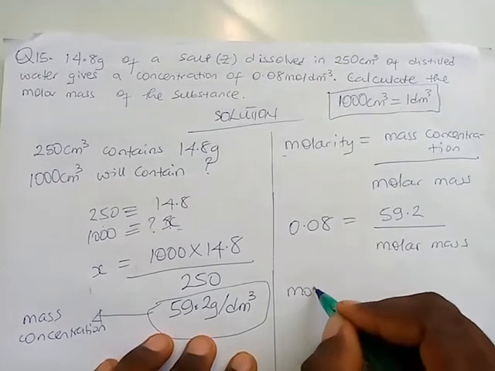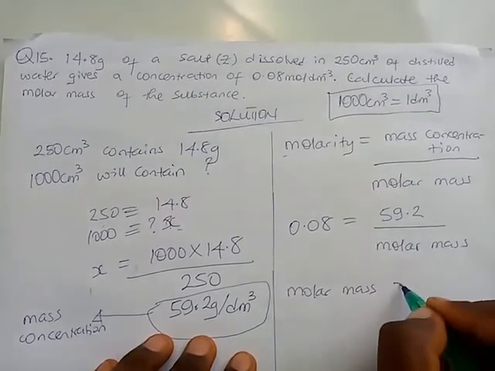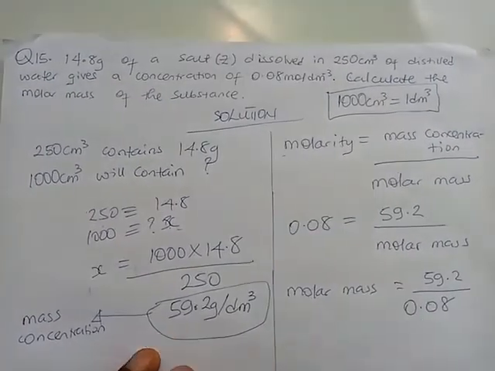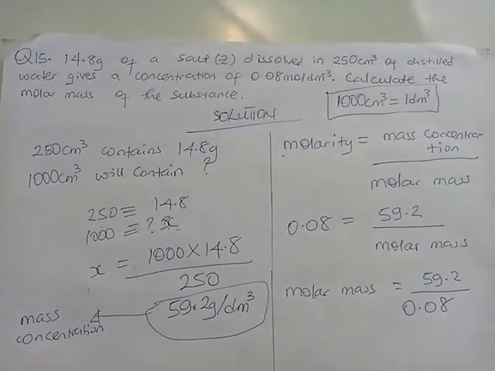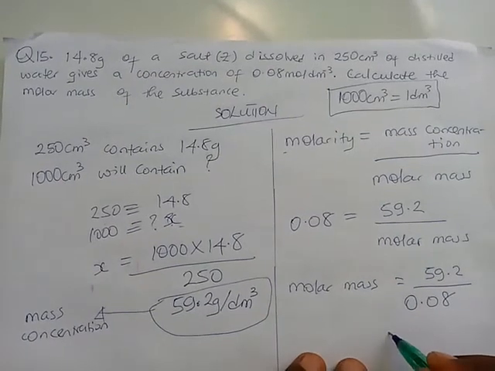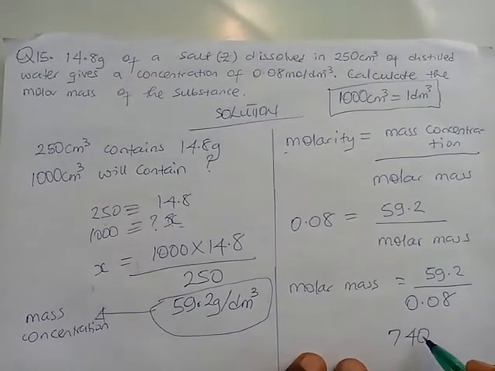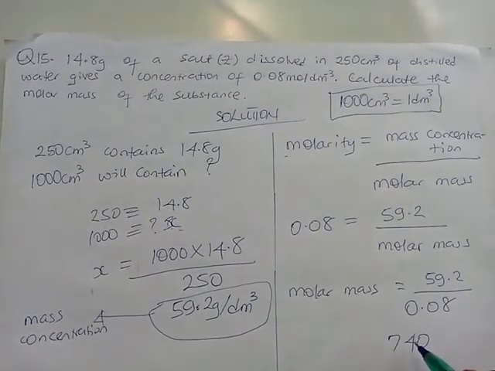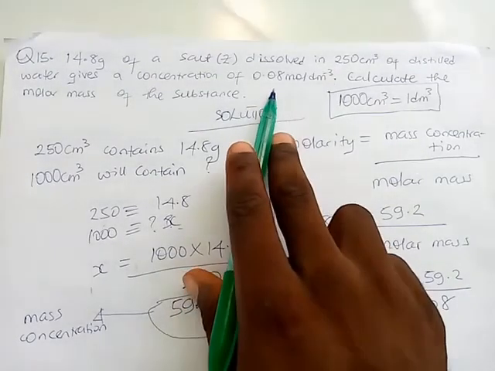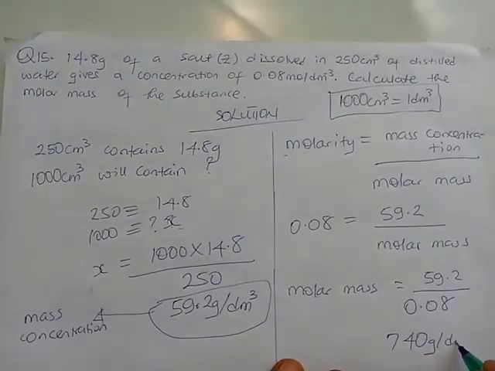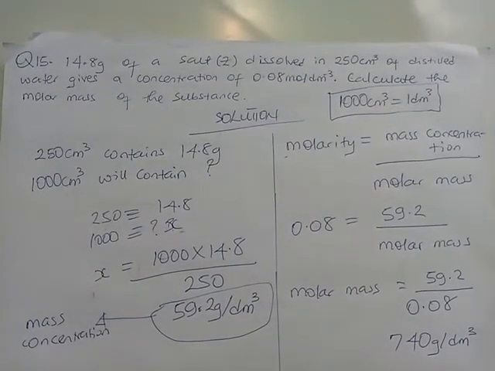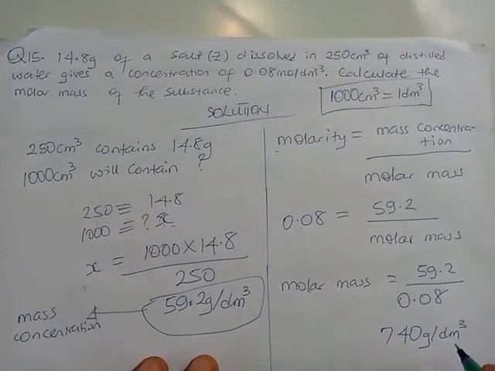So we have that the molar mass is equal to 59.2 all over 0.08. When we compute this, 59.2 divided by 0.08, that is 740 gram per mole.